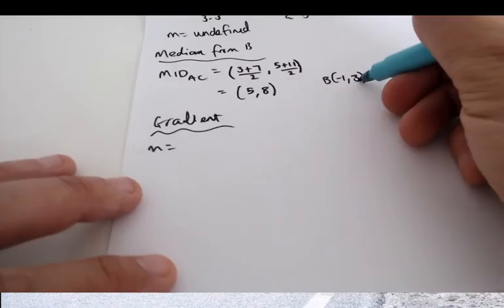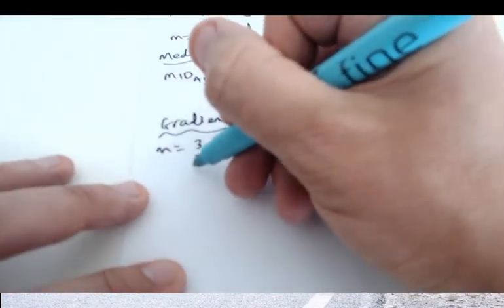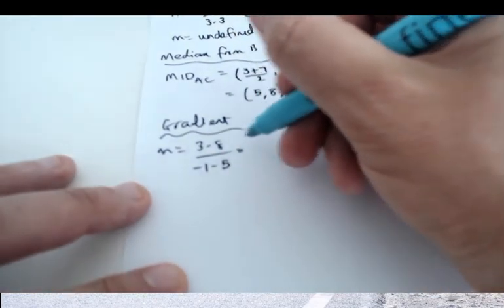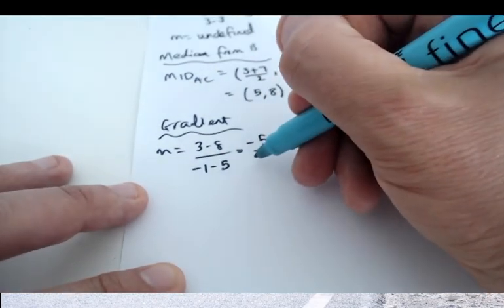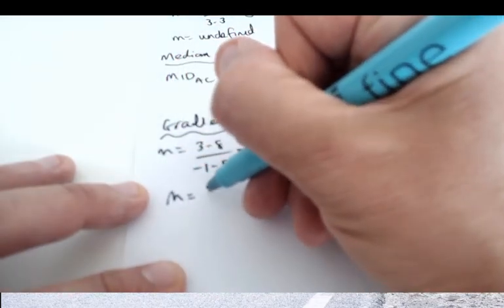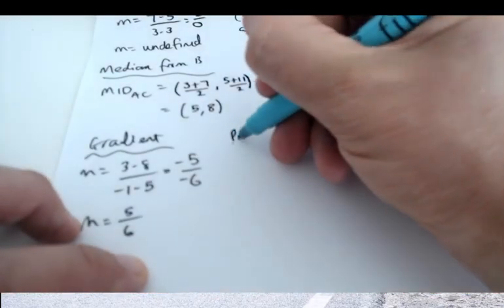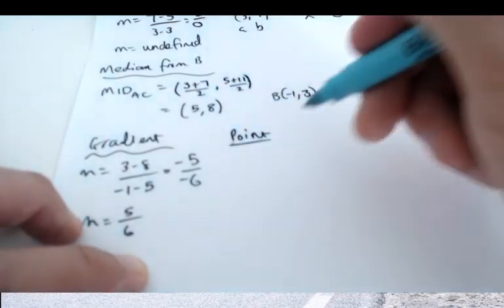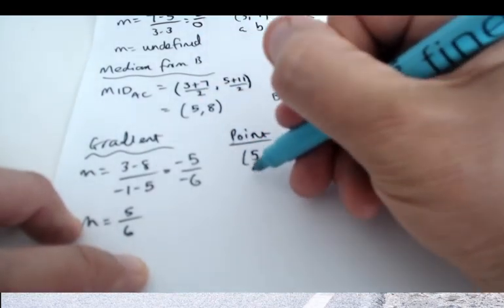So that's going to give me 3 take away 8, minus 1 take away 5. 3 take away 8 is minus 5, minus 1 take away 5 will give me minus 6. Negatives will cancel, my gradient is 5/6. My point, I can use either point, I'm going with the one that's both positive, 5, 8.